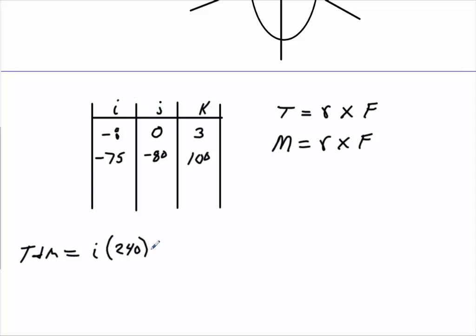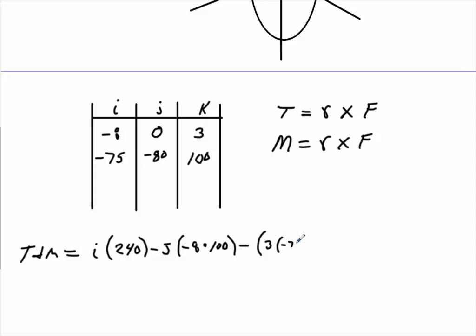Now remember, when you go to J, you have to go minus J, because this goes plus minus plus. When you go to J, we go -8 times 100 and minus, so we got this times this, -3 times 75.